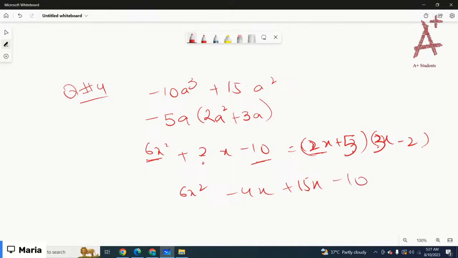And negative 10. 15 minus 4 is 11x. That means the missing value is 11. So the expression is 6x squared plus 11x minus 10 equals 2x plus 5 and 3x minus 2, right?